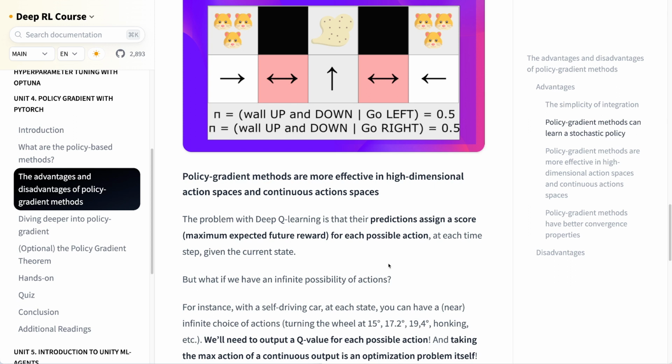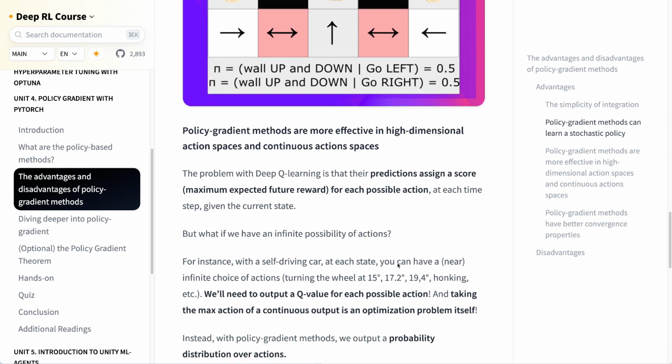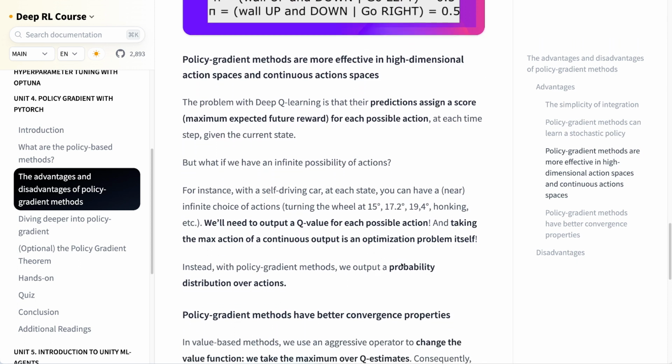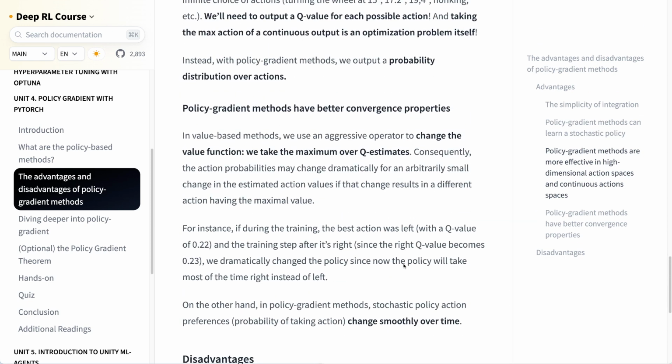For instance, with a self-driving car, at each state you have a near infinite choice of actions: turning the wheel at 15, 17.2, 19.4 degrees, honking, etc. We'd need to output a Q value for every possible action, and taking the max action of a continuous output is an optimization problem itself. Instead, with policy gradient methods, we output a probability over actions.